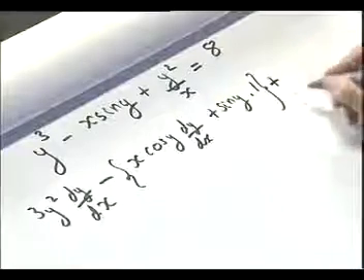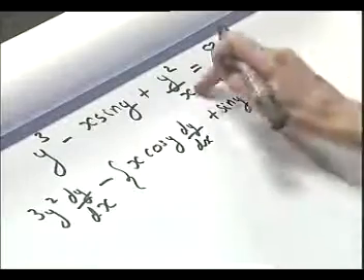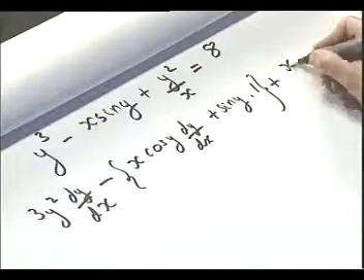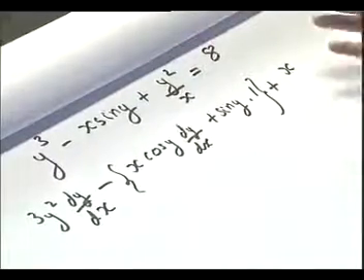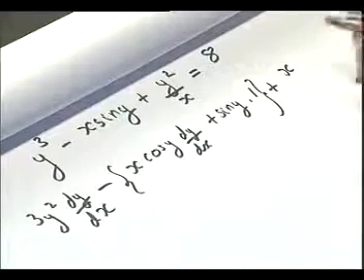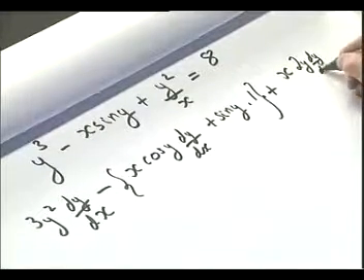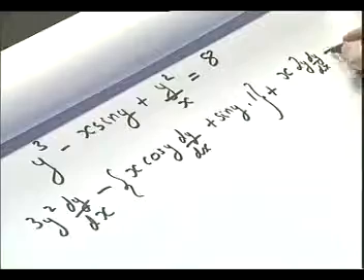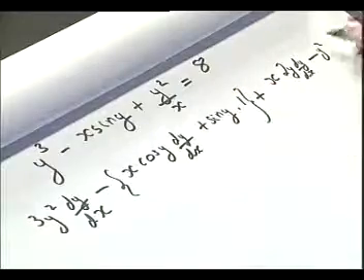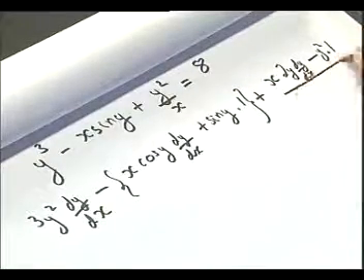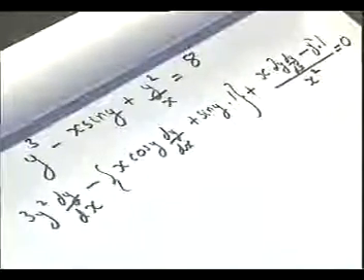So we want plus, now let's remember what we do with a quotient. It's v, which is on the bottom, that's x, times the derivative of what's on the top, the derivative of y squared with respect to x, which is the derivative of y squared with respect to y, 2y times dy by dx, minus y squared times the derivative of v, which in this case is just x, all over v squared, which is x squared, equals 0.